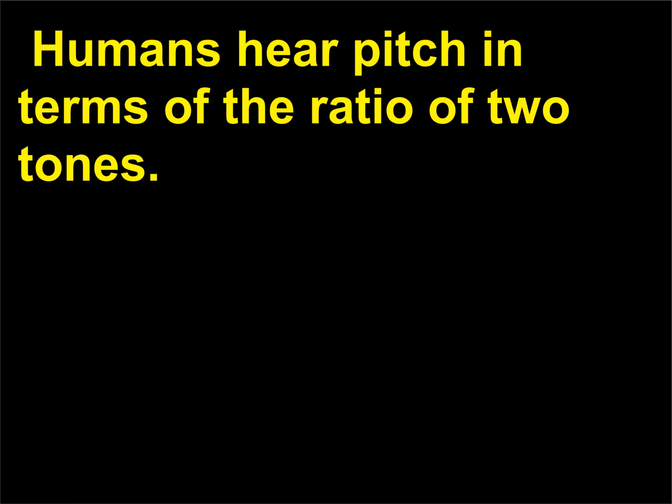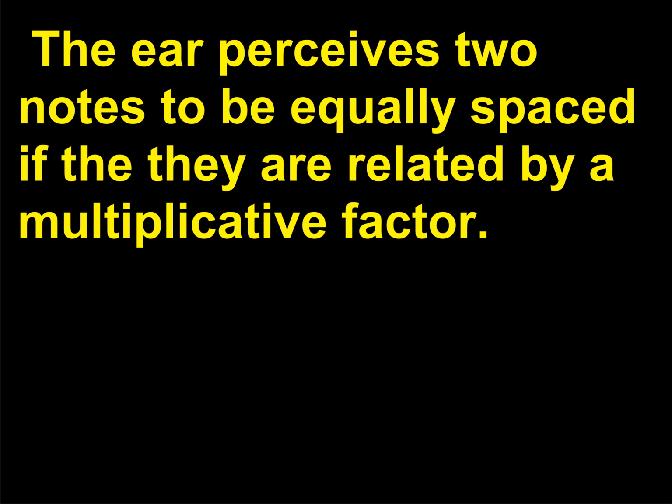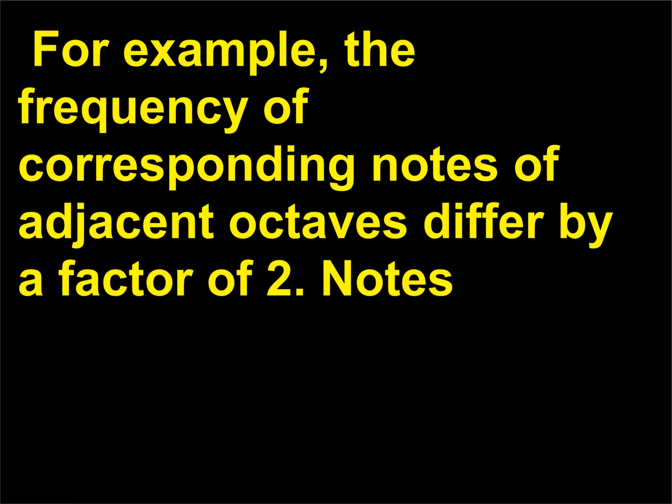Humans hear pitch in terms of the ratio of two tones. The ear perceives two notes to be equally spaced if they are related by a multiplicative factor. For example, the frequency of corresponding notes of adjacent octaves differ by a factor of 2.